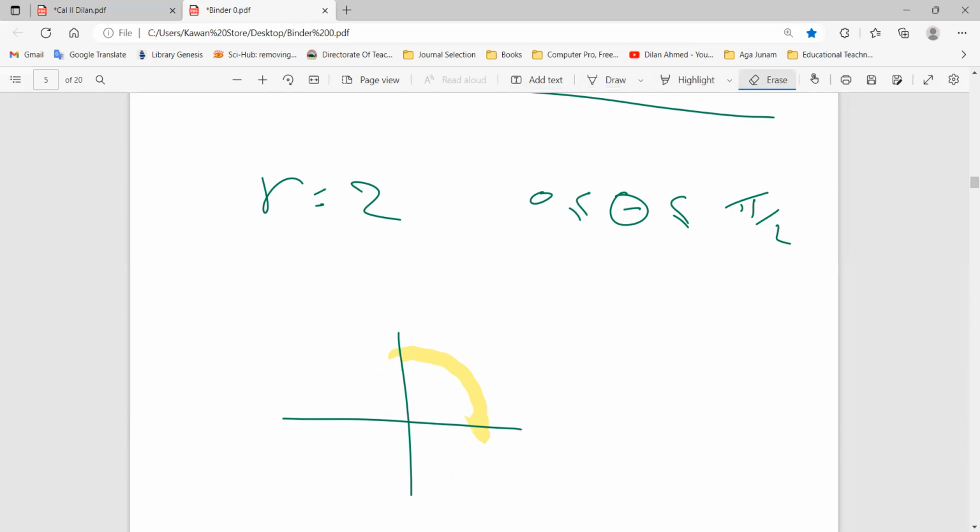My graph is in the first quadrant. Sometimes we use the quadrants to imagine and sketch it more easily, otherwise you don't need to.